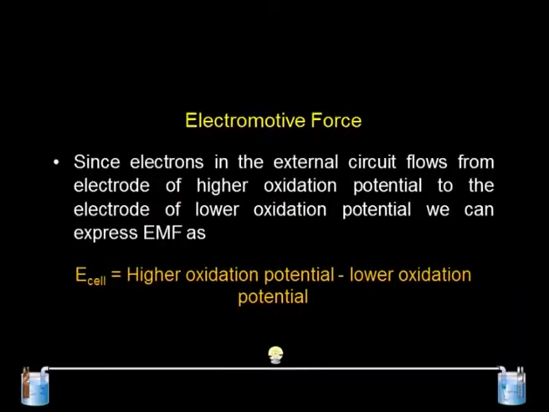Since electrons in the external circuit flow from the electrode of higher oxidation potential to the electrode of lower oxidation potential, we can express EMF as E cell is equal to higher oxidation potential minus lower oxidation potential.